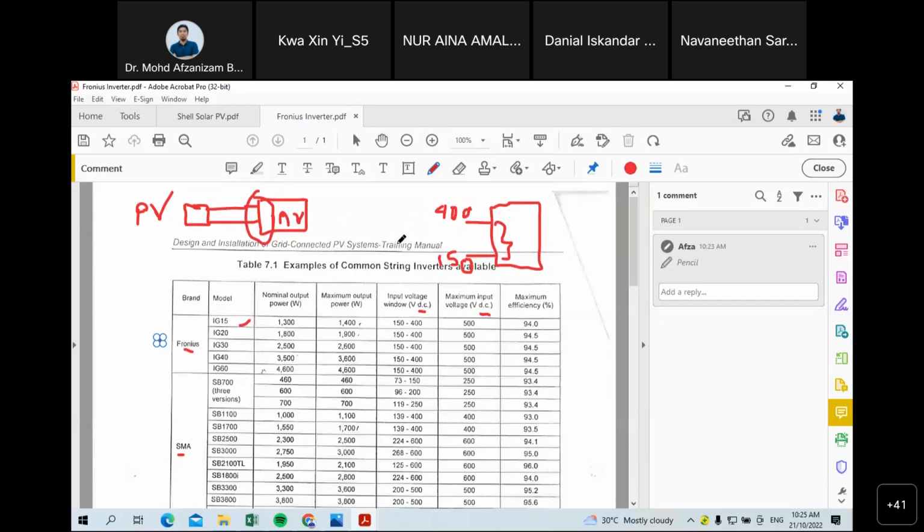So that's why it is very crucial to select your inverter so that your arrangement of PV suits this range to be operated for the following processes.